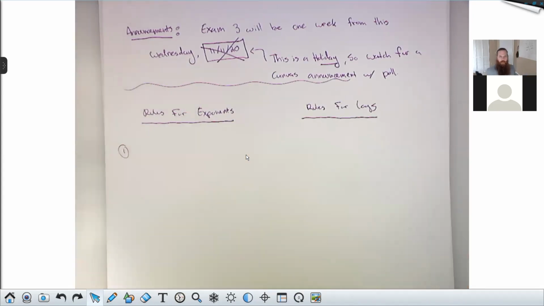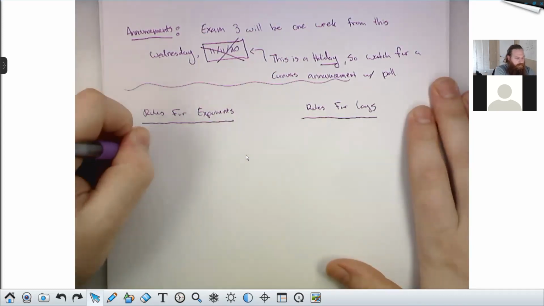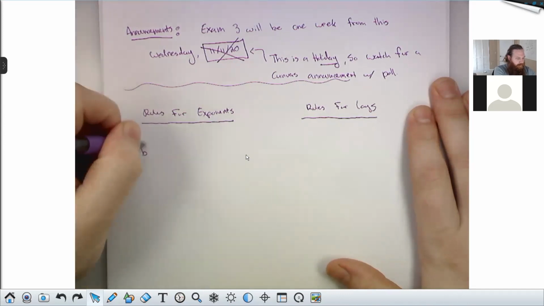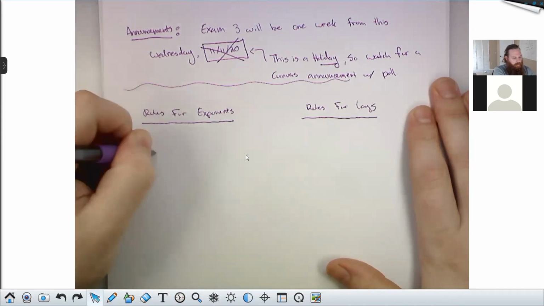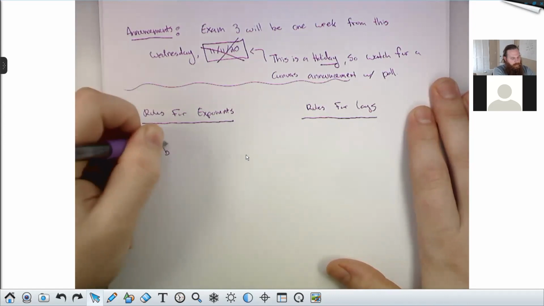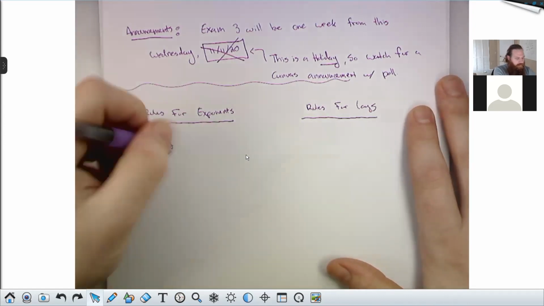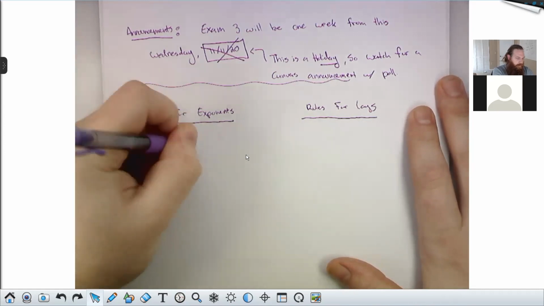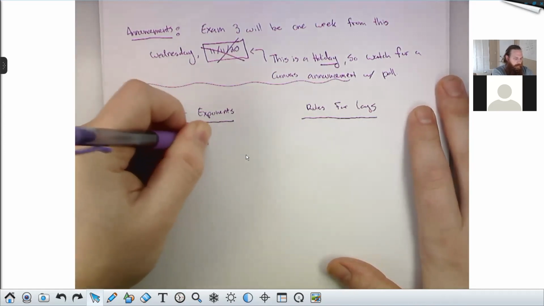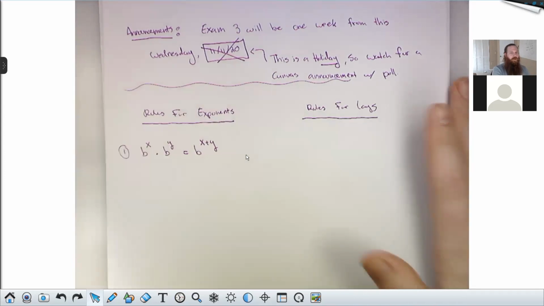One of the things you learned back in high school or in college algebra is that when you multiply like bases, if I have base b raised to some number x, and I multiply that by the same base b raised to another number y, that's the same thing as taking that base b and raising it to the sum of those powers, x plus y.